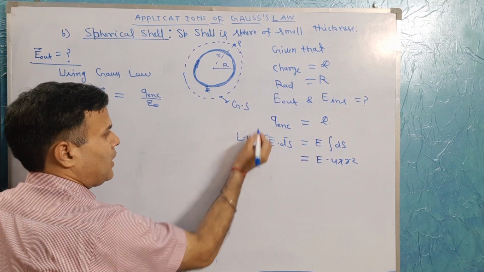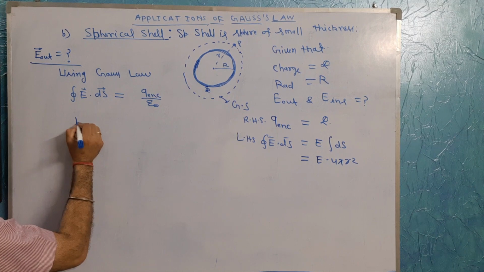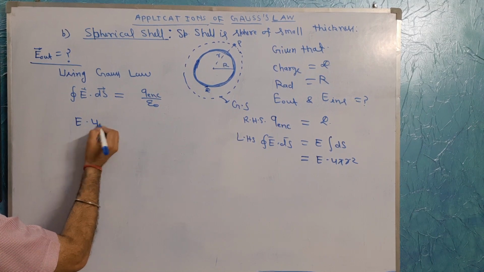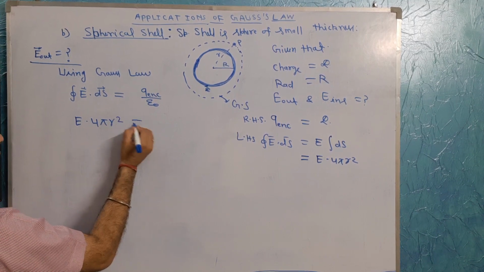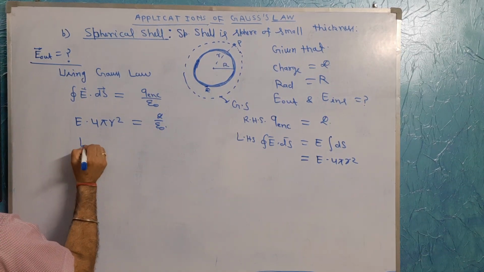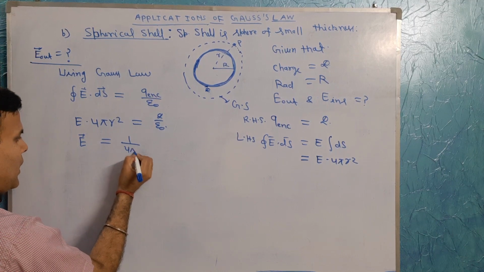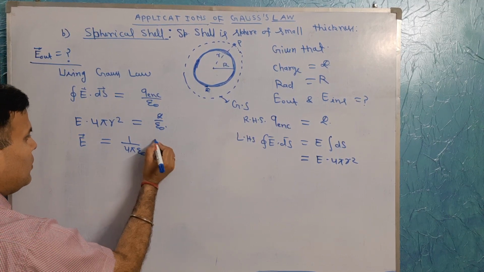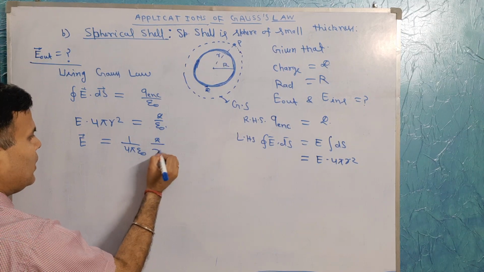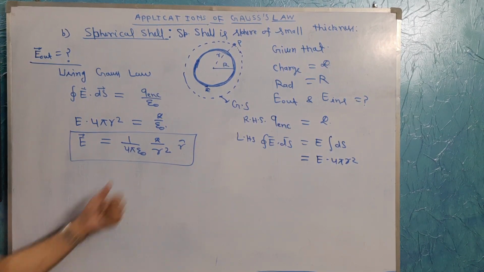This is the LHS and this is the RHS. Now putting the value of the integral of E dot ds, which is E times 4 pi r square, and the charge enclosed is Q. So what is the electric field? It is simply 1 upon 4 pi epsilon 0 times Q by r square. Again it behaves as a point charge.